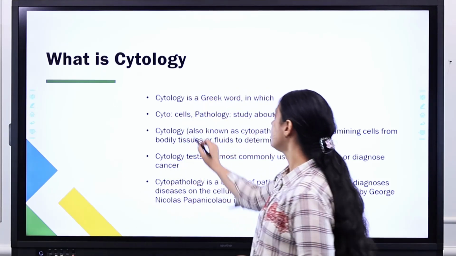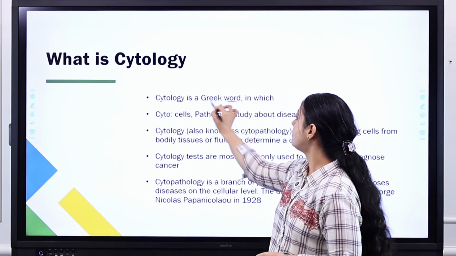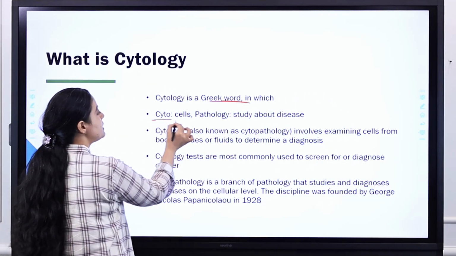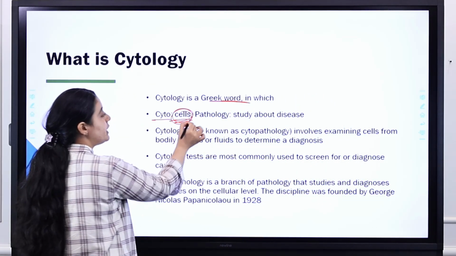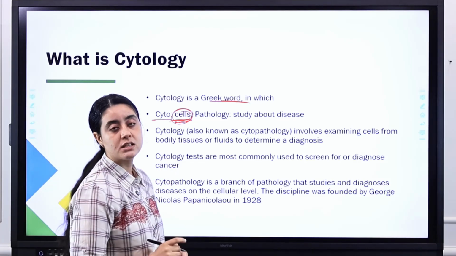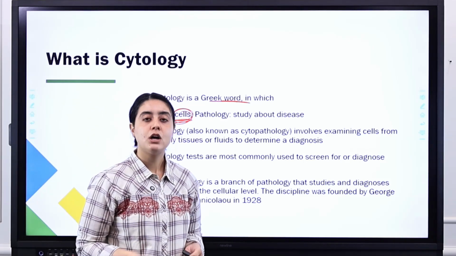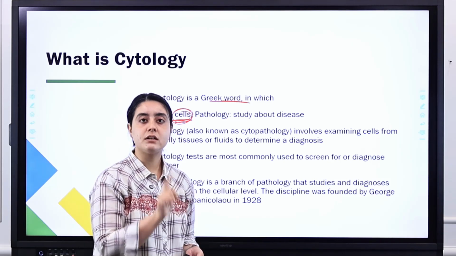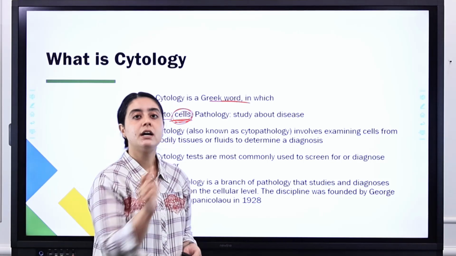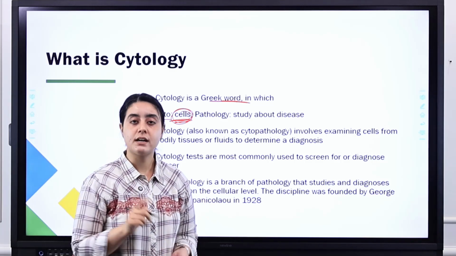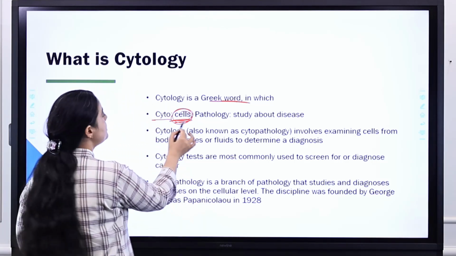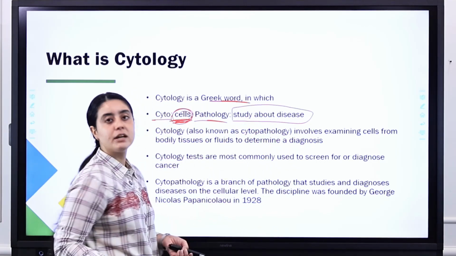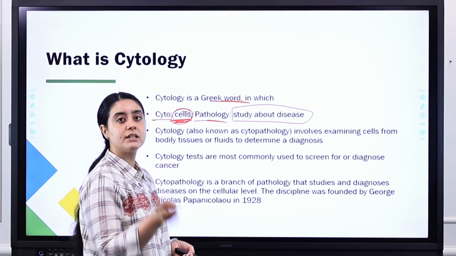Cytology is a Greek word, in which cyto means cells. Like in previous lectures when we discussed histopathology, histo means tissue, so in that section we study the diseases of tissues. Here we discuss the diseases of the cells. So cyto means cells and pathology means study of disease, the study of the disease of the cells.